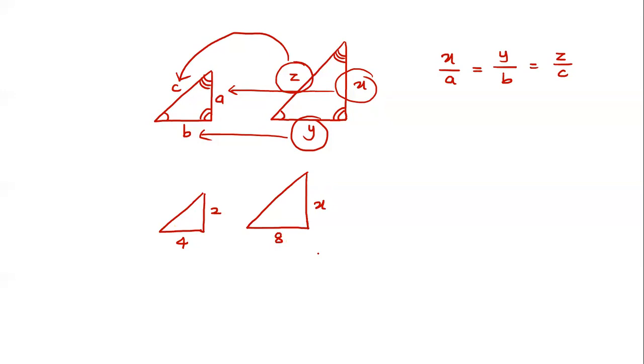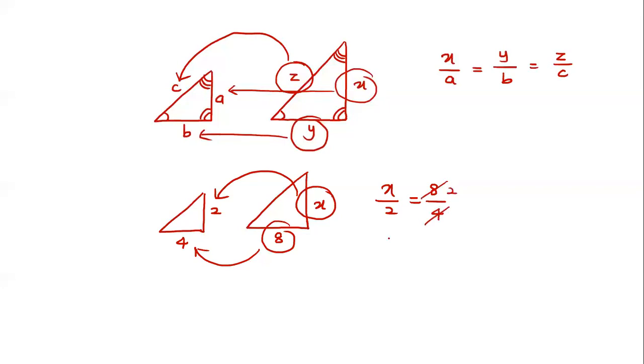I can tell you these are similar triangles, so I can find x by using the proportional idea. So x over 2 equals 8 over 4. This can be simplified to 2. So x is going to be 2 times 2, so your x is 4. So that's how you use the similar concept in triangles.